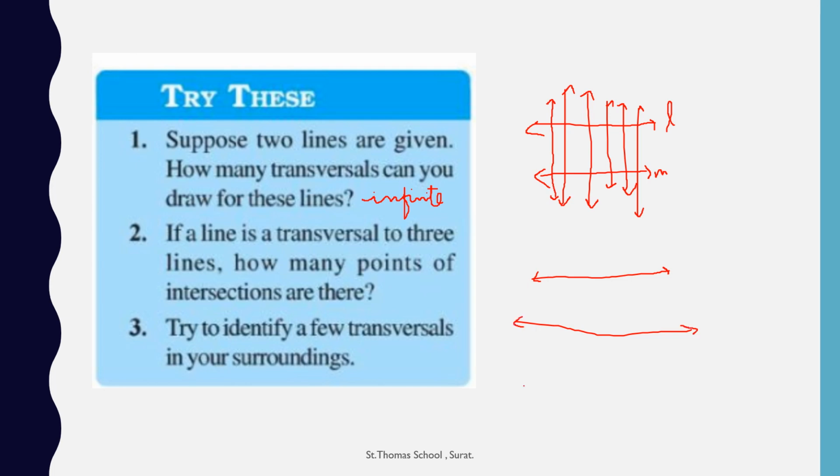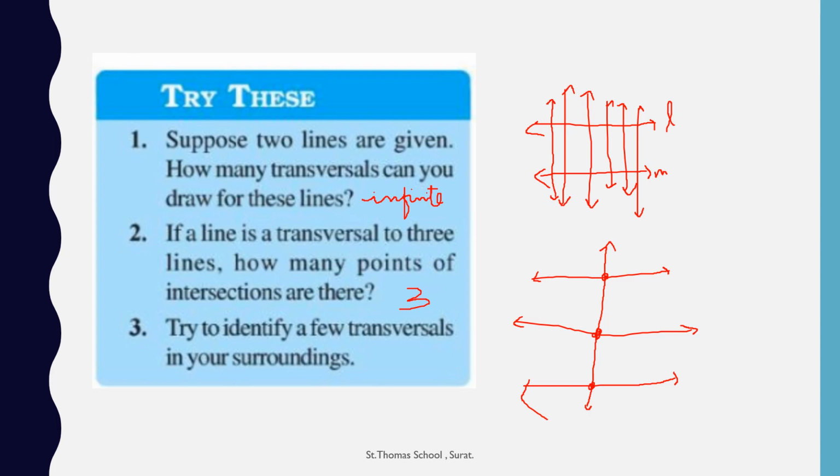And if you draw a transversal, how many points of intersection are there? So count how many points of intersection. So here one, this is the second one, and this is the third one. So three points of intersection.